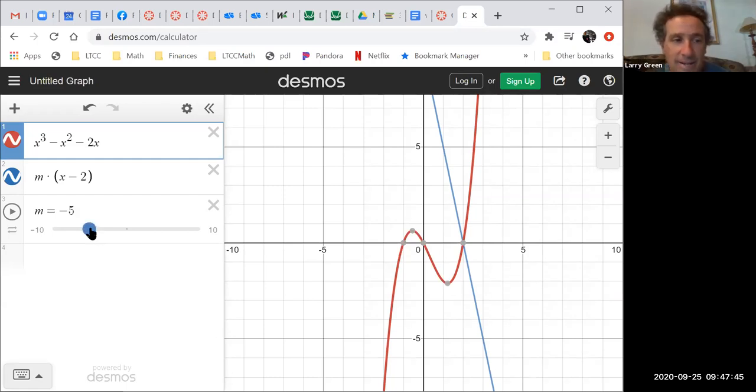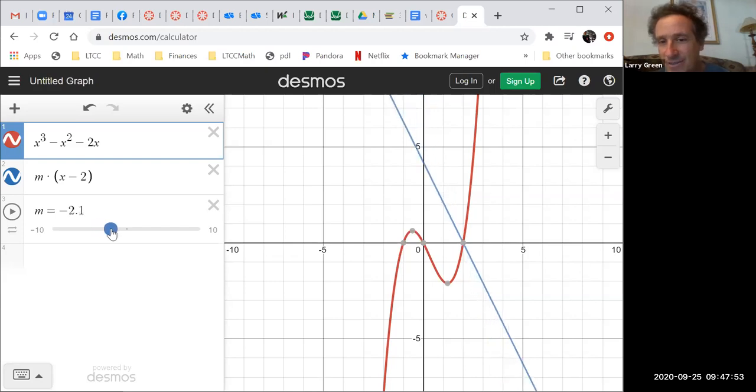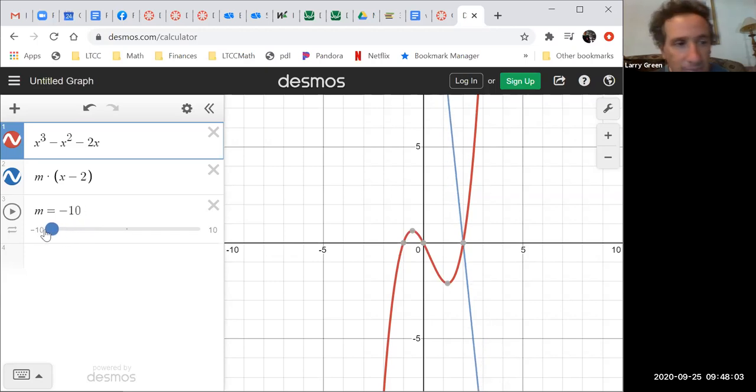So what I can do now, and this is why I like Desmos, is take the slider and move it. Do you think I'm moving in the right direction right now? No, I want to move it this way. I want to make it so that it just rests nicely on the side of this graph.